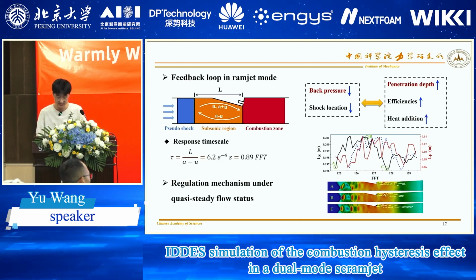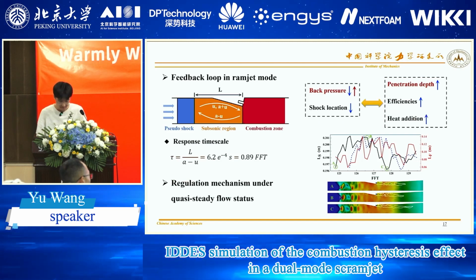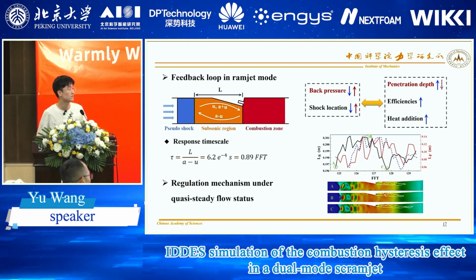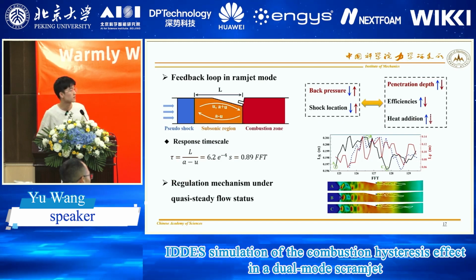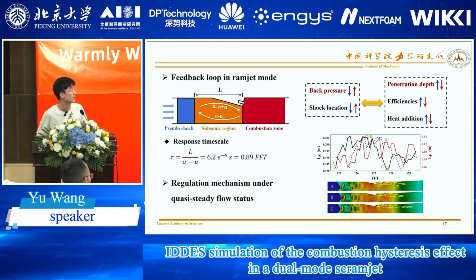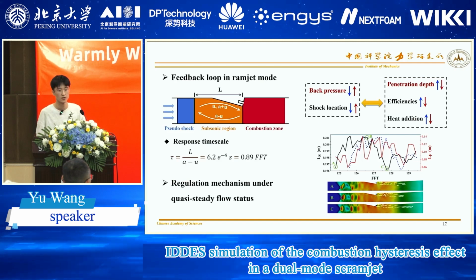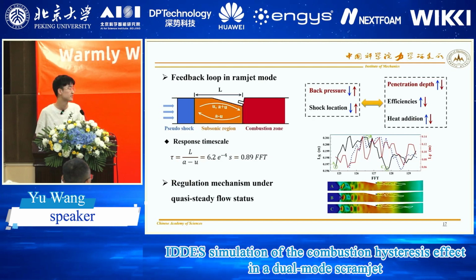And this heat addition will in return raise the back pressure and then follow the variation. So the blue arrow and the red arrow here represent the two competing physical processes that help the pseudo-shock remain in the isolator under the decreasing path.